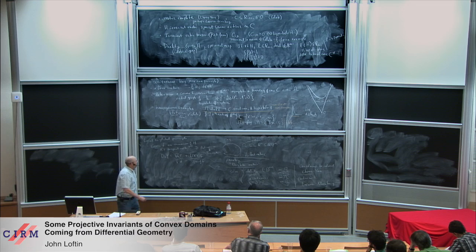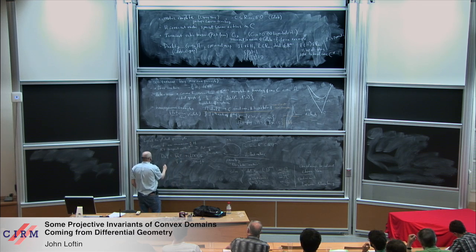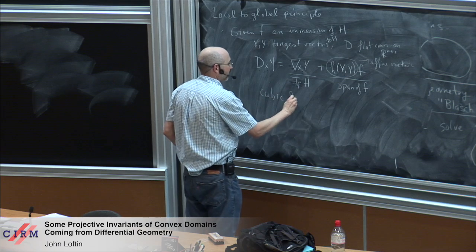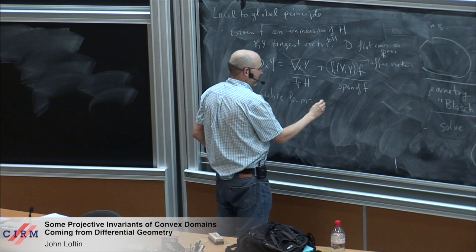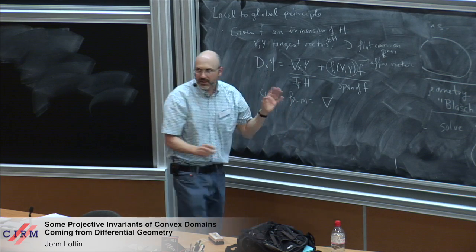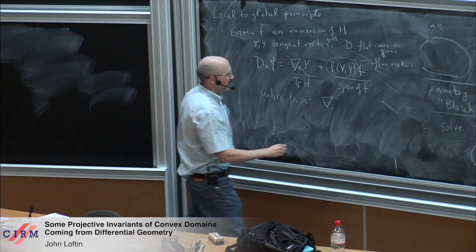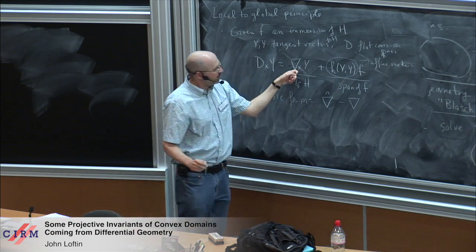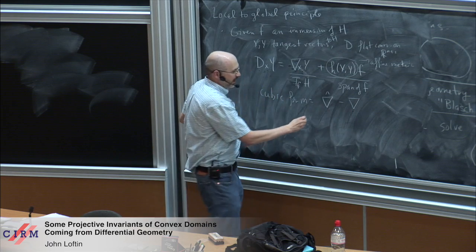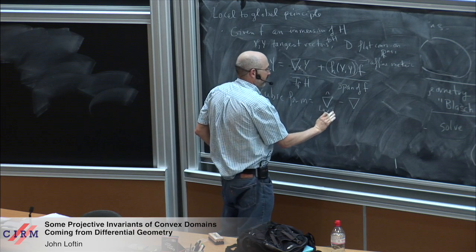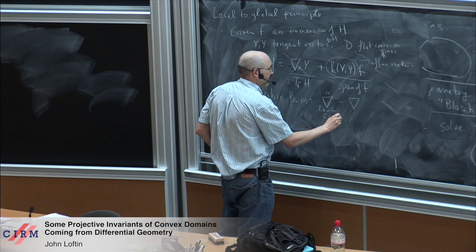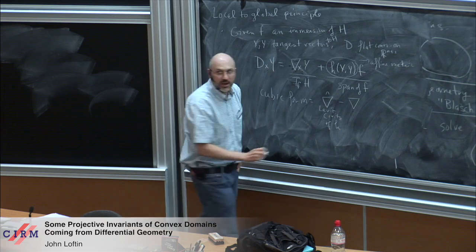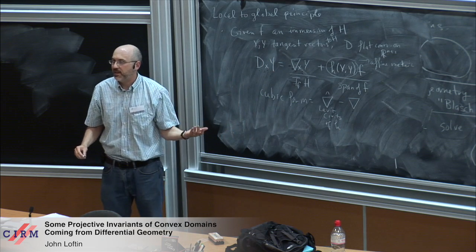Okay? And then the cubic form is, and I'm probably going to get the sign wrong, and I'm also going to use a different variation of indices than before. If you take this connection, which is projectively flat, and you take the Levi-Civita connection of the affine metric, and you subtract them, then that's an invariant tensor.